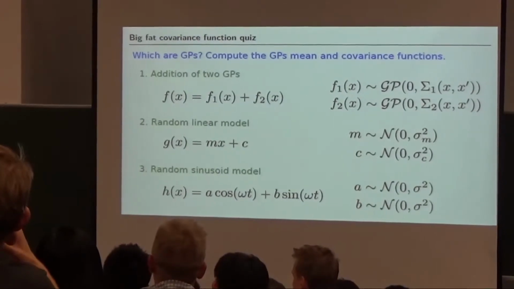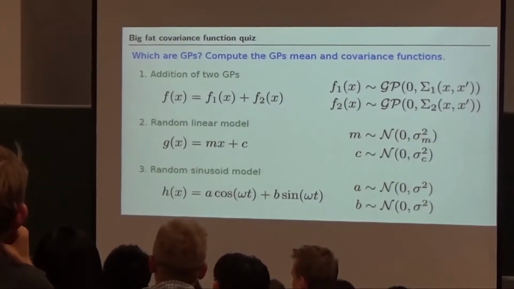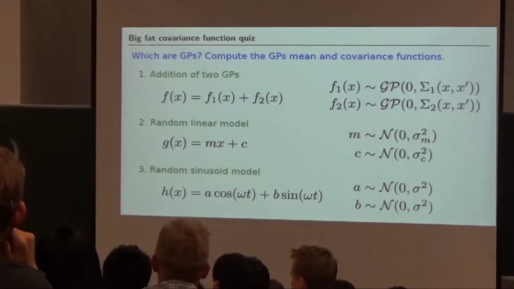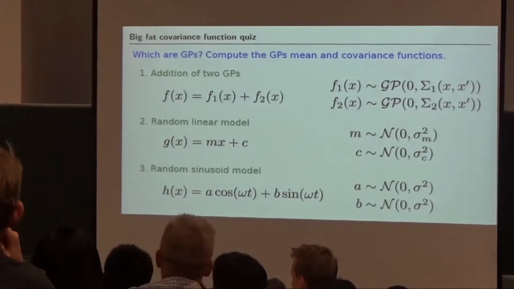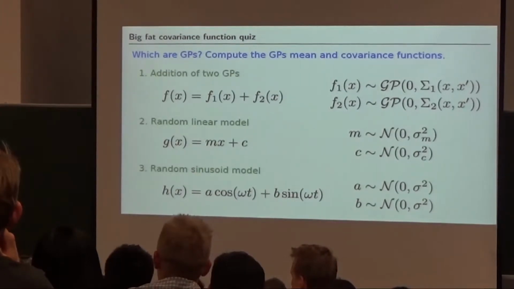Okay, it is indeed a GP. Anyone want to talk us through the reasoning and maybe tell us how to compute the mean and the covariance function? Anyone want to? Yep.